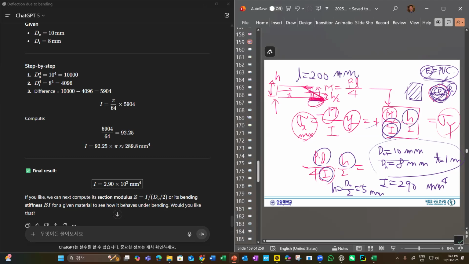Okay, 200 millimeter. And now, very importantly, sigma yield. What is sigma yield?